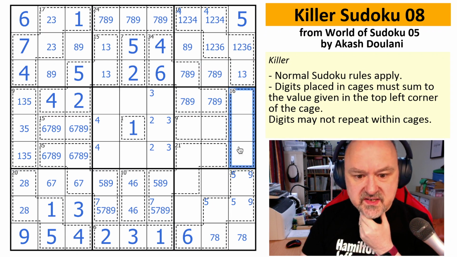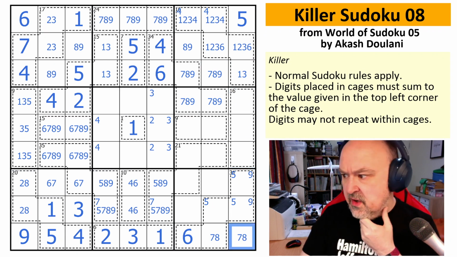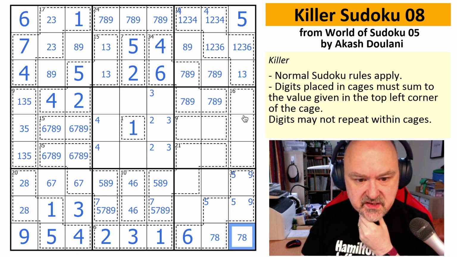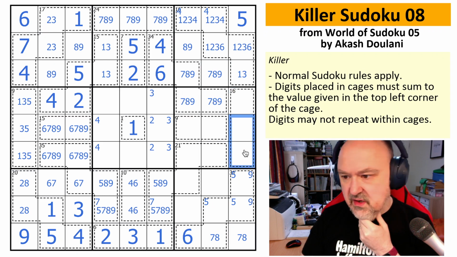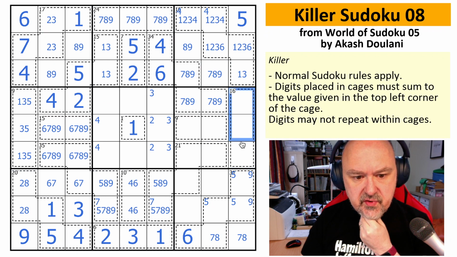So I can't use 178 because if I used 178, that would have no fill. 268. 268 would leave that as 79. Yeah, 268 looks possible. 367. I'm not sure.